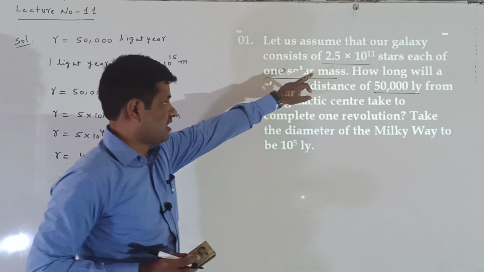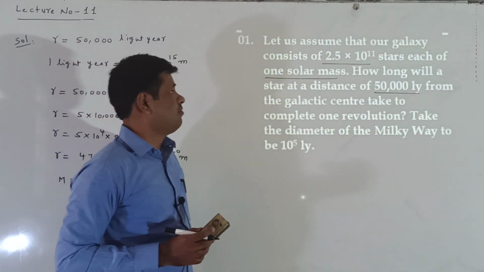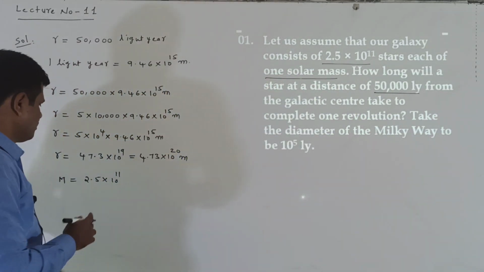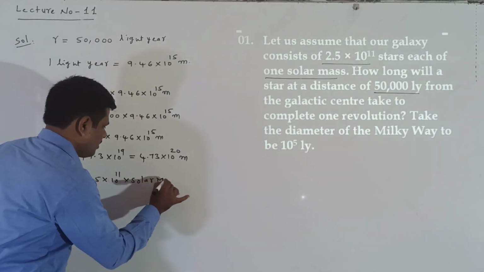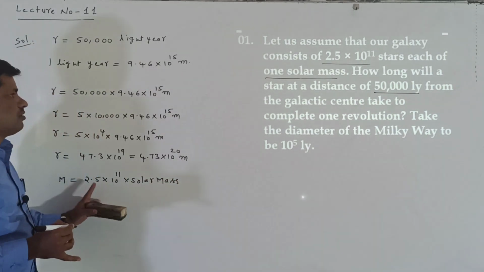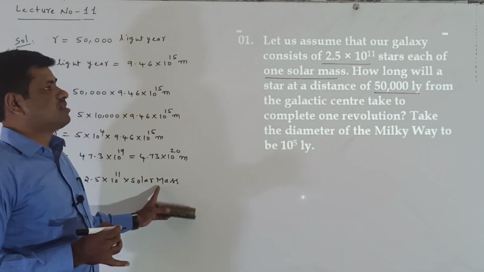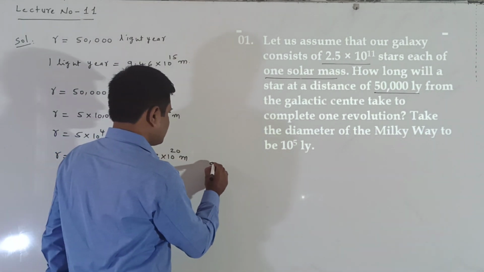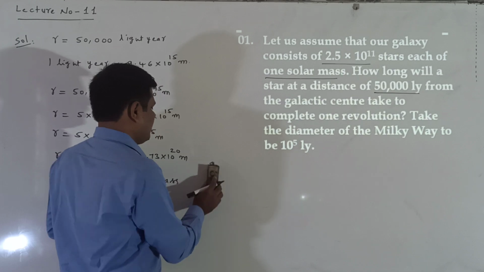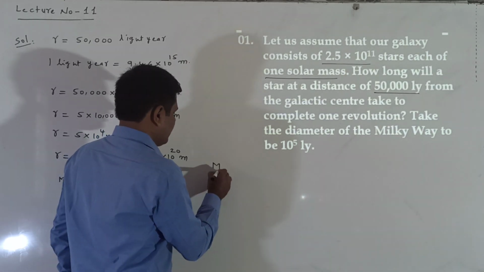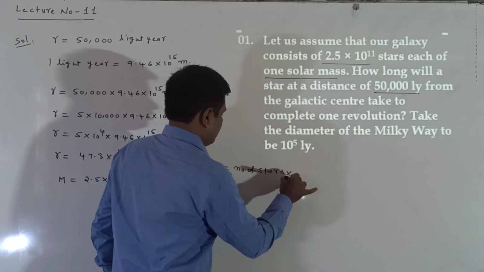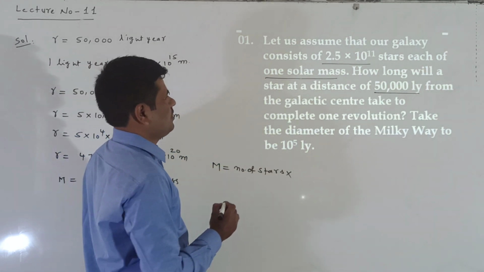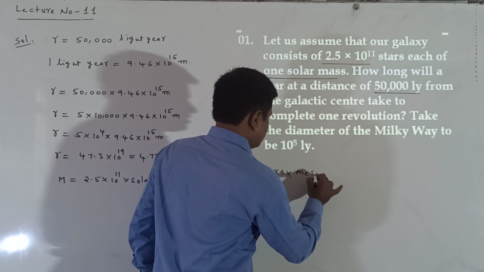Each having how much mass here? 1 solar mass. So the number of stars multiplied with the solar mass gives the total mass of the galaxy. Total mass of the galaxy can be written as number of stars into 1 solar mass.